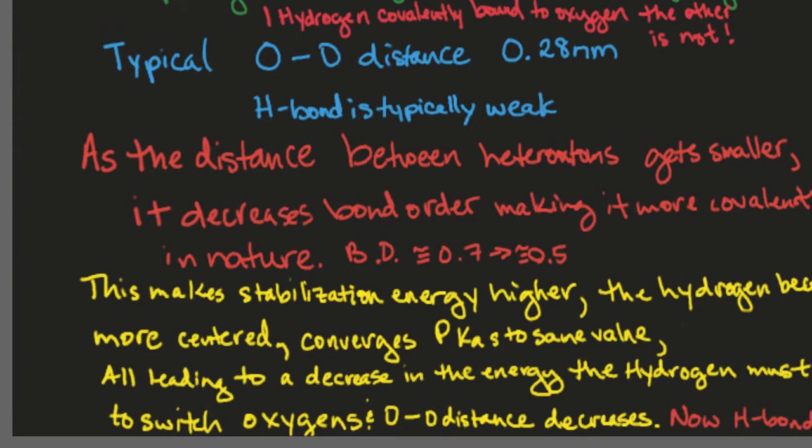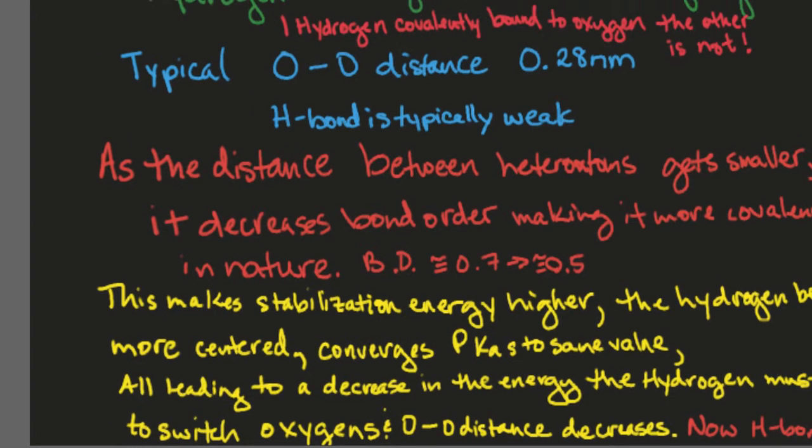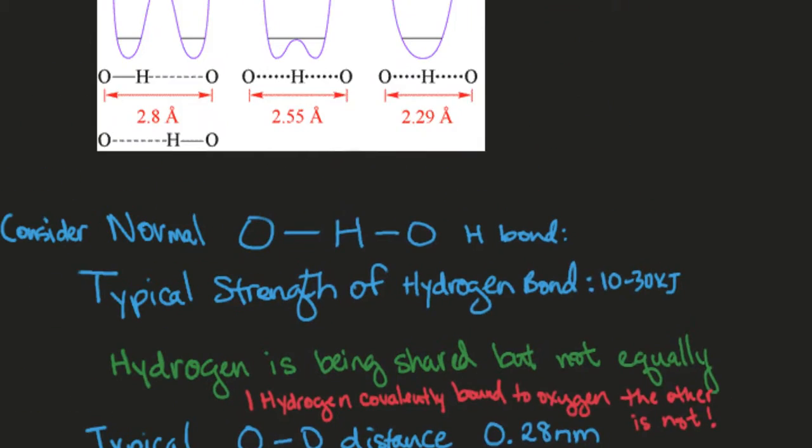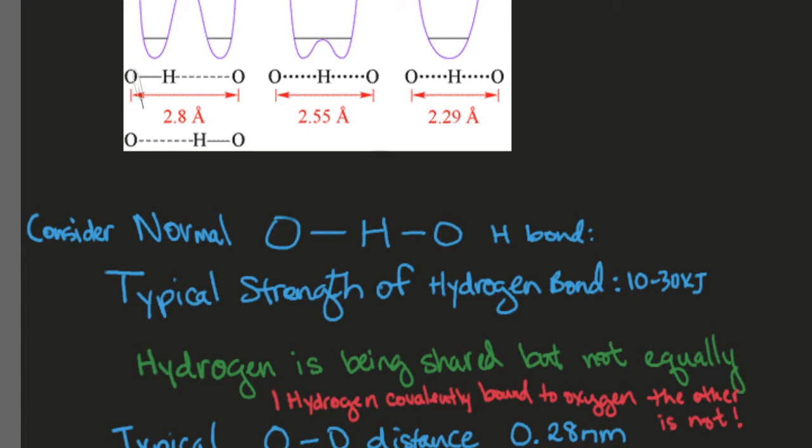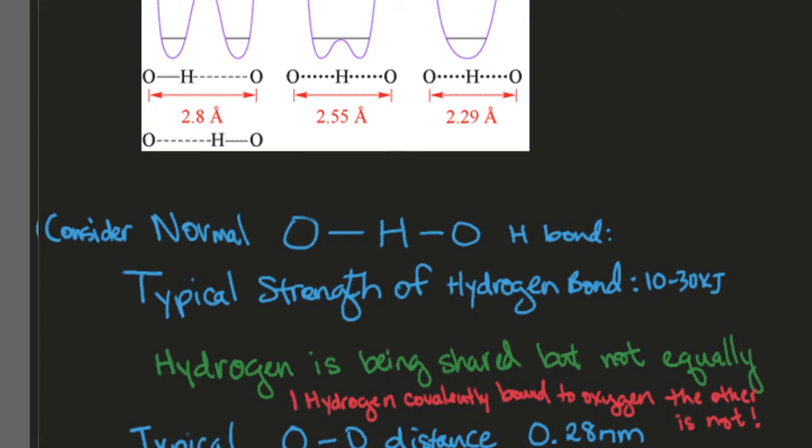So all of this leads to a decrease in the energy that the hydrogen must overcome to go from being covalently bound to this oxygen to being covalently bound to that oxygen. So it can pretty much be anywhere in between these two oxygens.